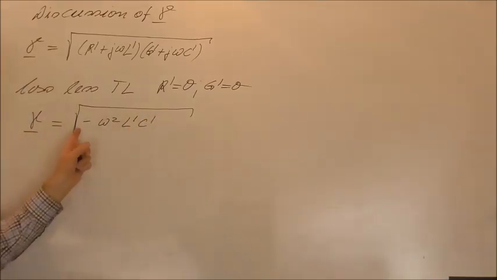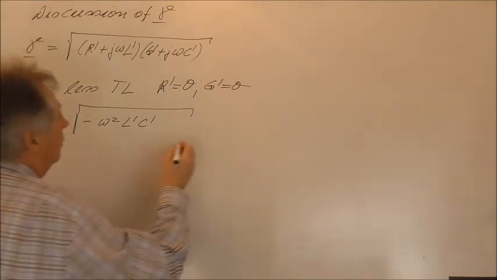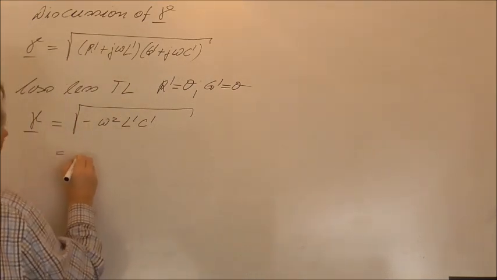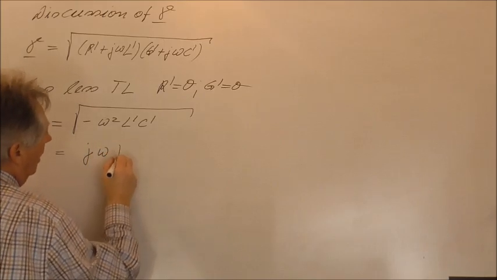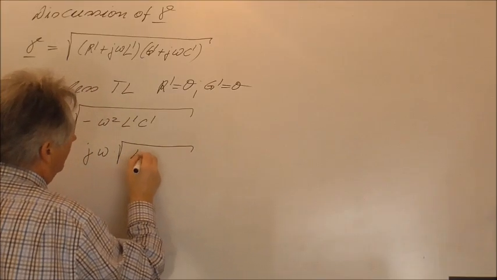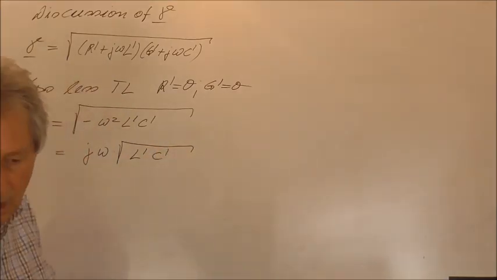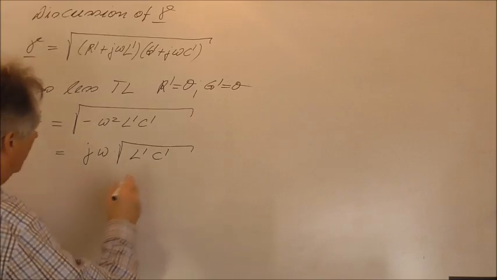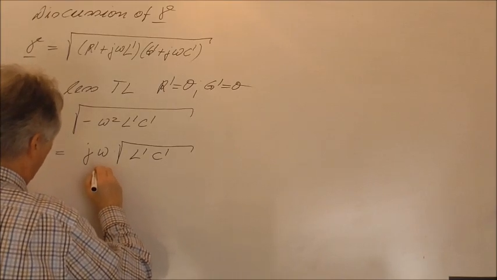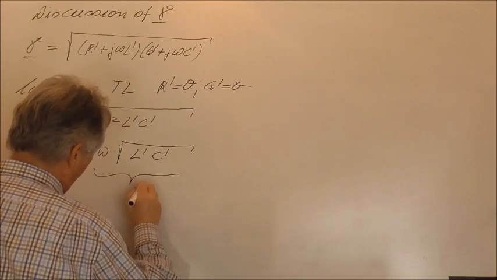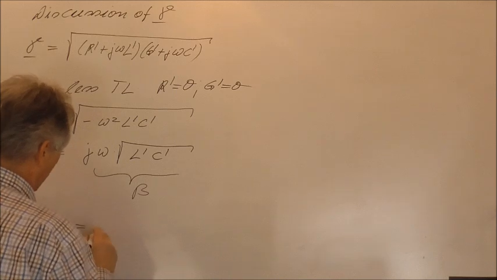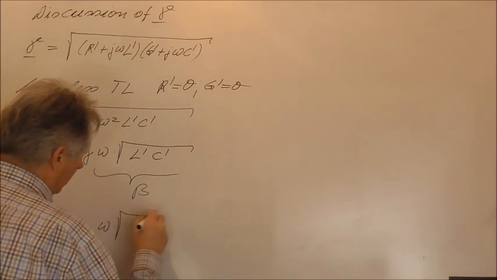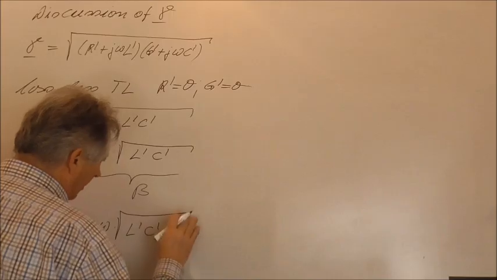And of course if we take the square root of the minus sign, this will result in j, and so we will find that gamma has to be chosen to be equal to j omega times the square root of L' times C', and normally we will introduce this to be beta. So we say beta is equal to omega times the square root of L' C'.